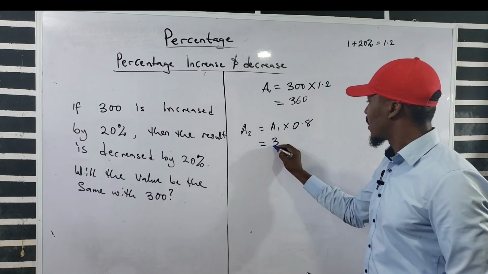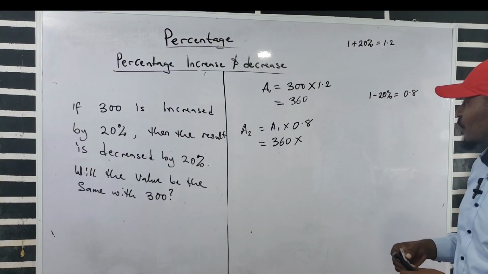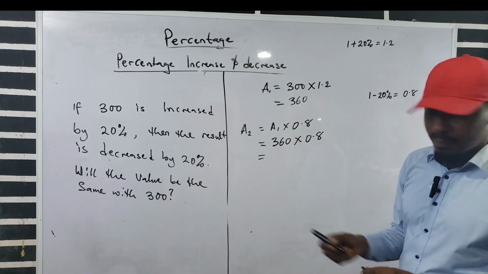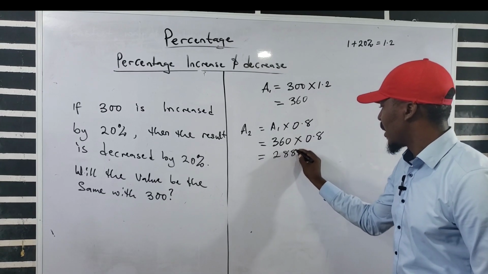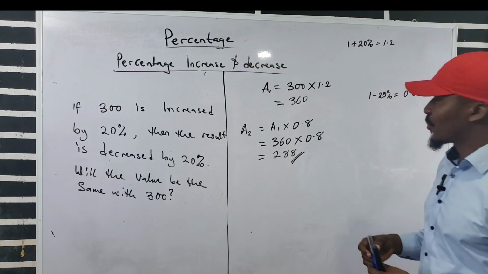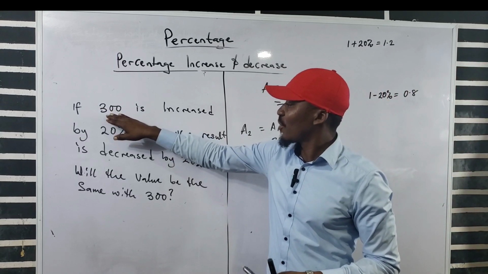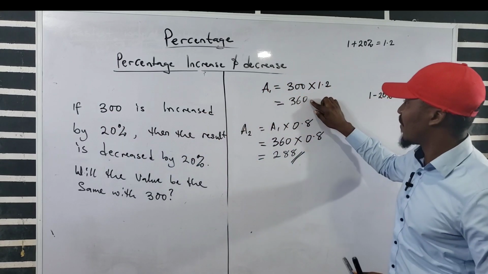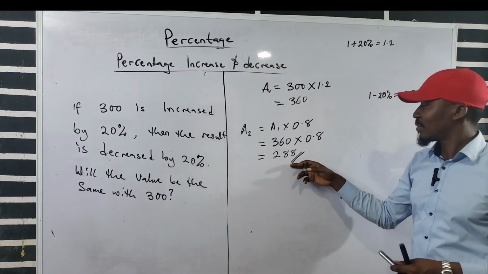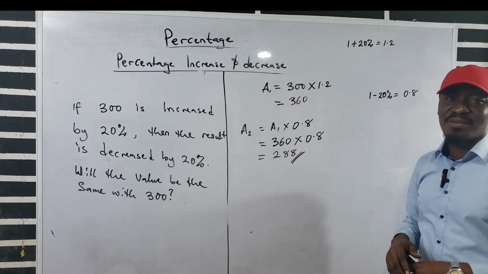So that will give us 360 times 0.8, which will give us 288. So you can see that you won't get the same value. You increase this number by 20%, you get a certain value, you decrease it back by 20%, you're not going to get the same value. You are going to get something below the initial amount.